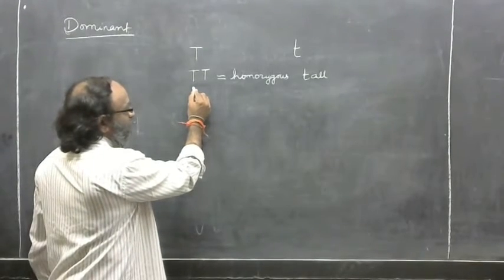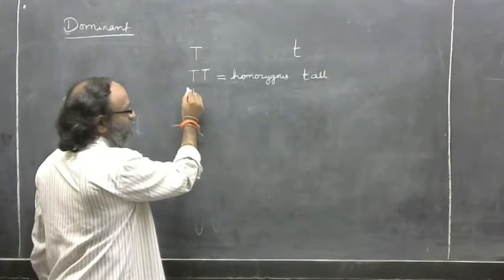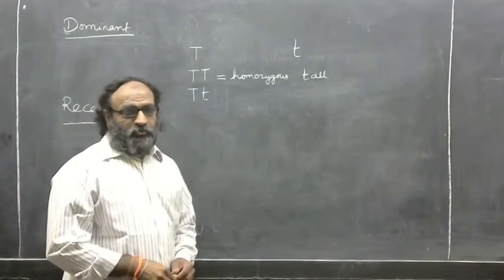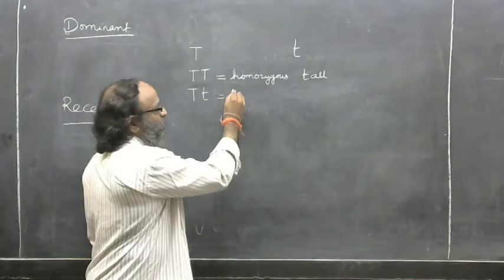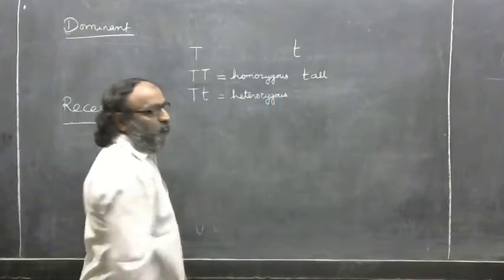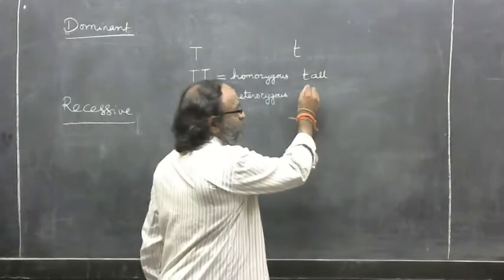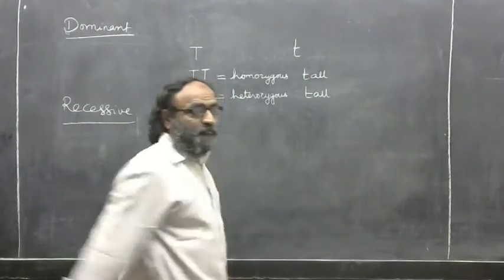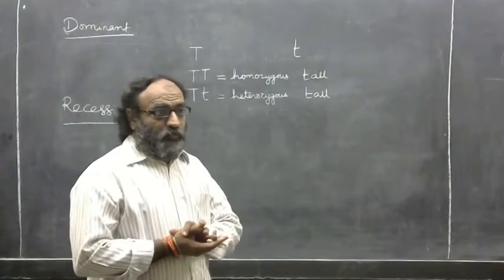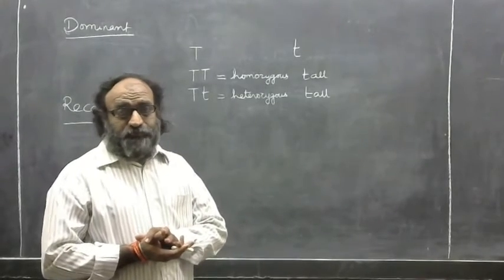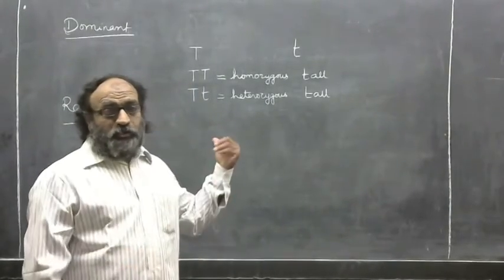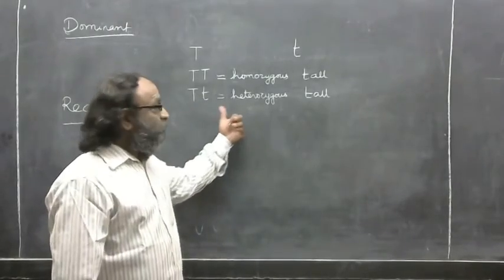Now I will write this in heterozygous condition. What is the heterozygous condition? One is a capital T and the other is a small t. This is heterozygous condition, therefore it is heterozygous tall. Capital T capital T is a homozygous tall and capital T small t is heterozygous tall.